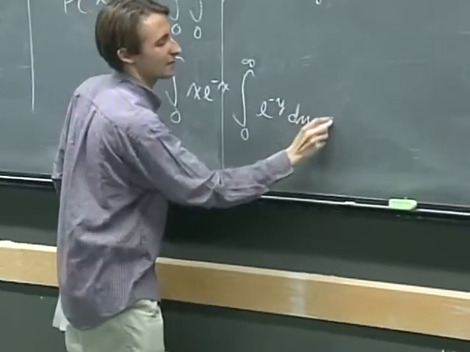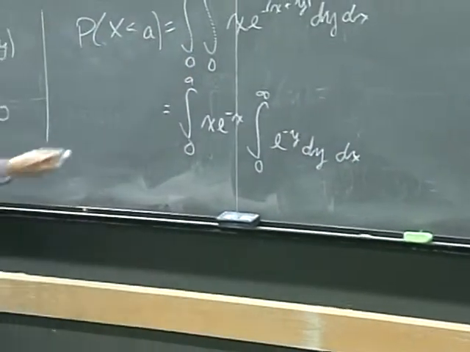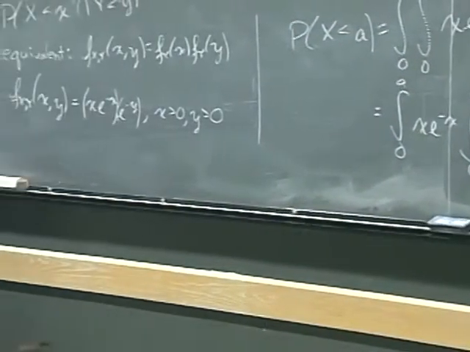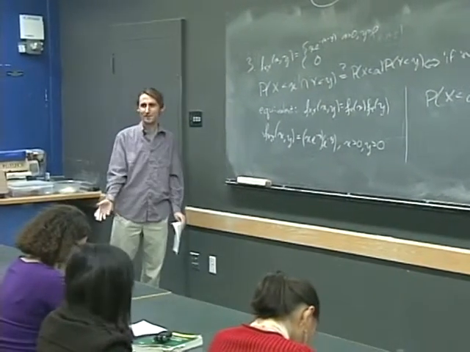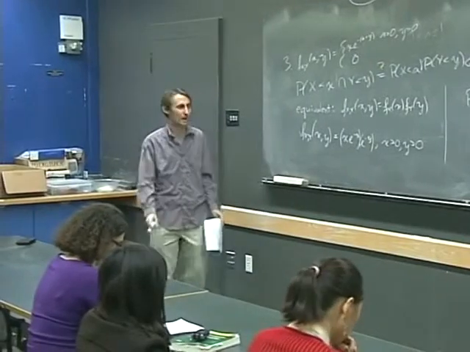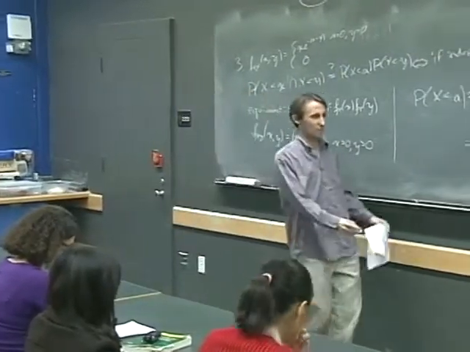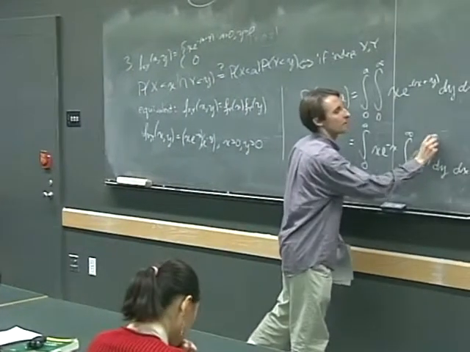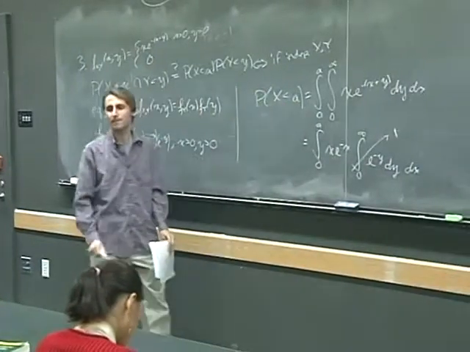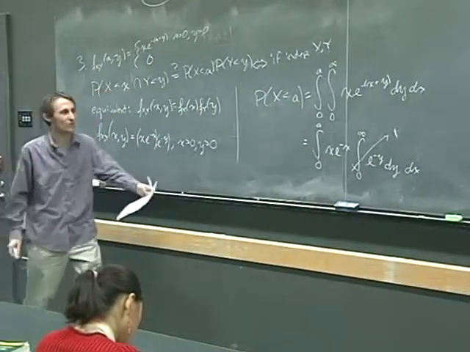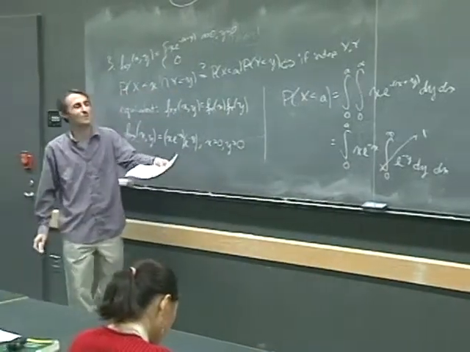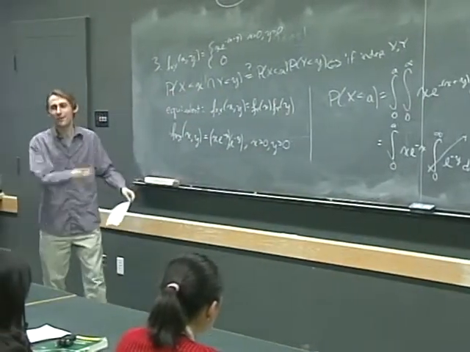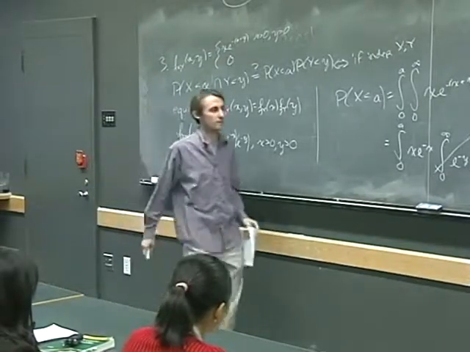Now we don't have a bunch of constants hanging around. Okay, and now e to the negative y is the probability density function for what distribution? Exponential 1, right? Exponential with lambda equal to 1. So there's no question this integrates to 1. And you can actually integrate it quickly. You'll get negative e to the negative y. Evaluate that at infinity, you'll get 0, evaluate it at 0, you'll get negative 1. When you subtract those two, you end up with 1.